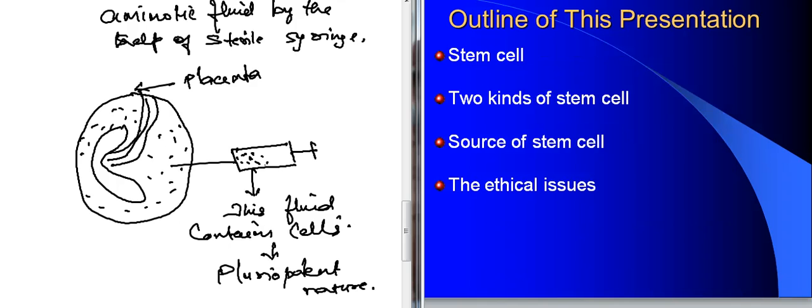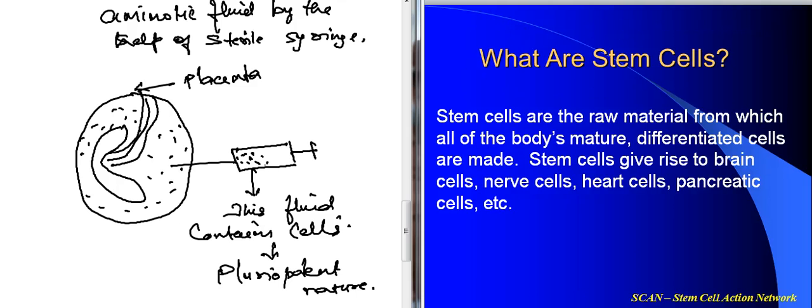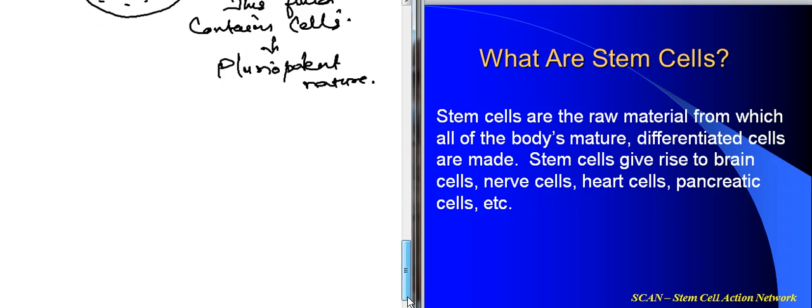So in this presentation we will see what stem cells are, the two kinds of stem cells, what the sources are and what the ethical issues behind them are. Okay, so first, what are stem cells? These are the raw material for the body. A stem cell has a tendency, or simply I can make you understand by this.